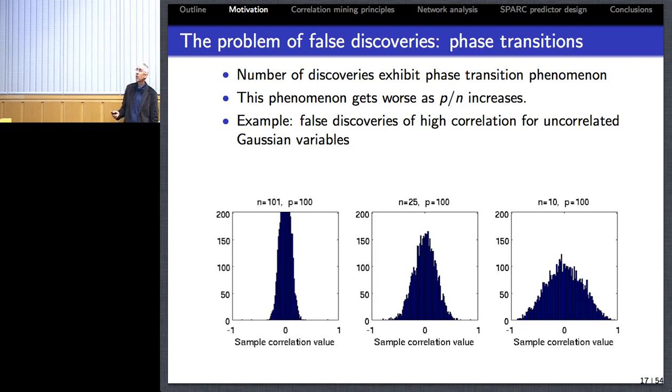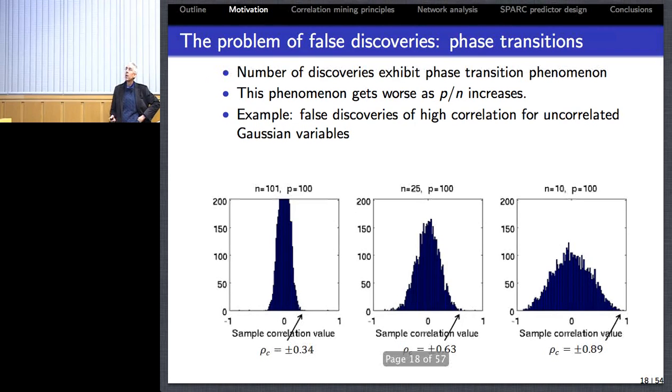So what this says is that we need to know something about where this phase transition occurs in order to go in with our eyes open to sample sizing a study where you have a large number of variables. These might be metabolites or some set of RT-PCR transcripts that you're testing.